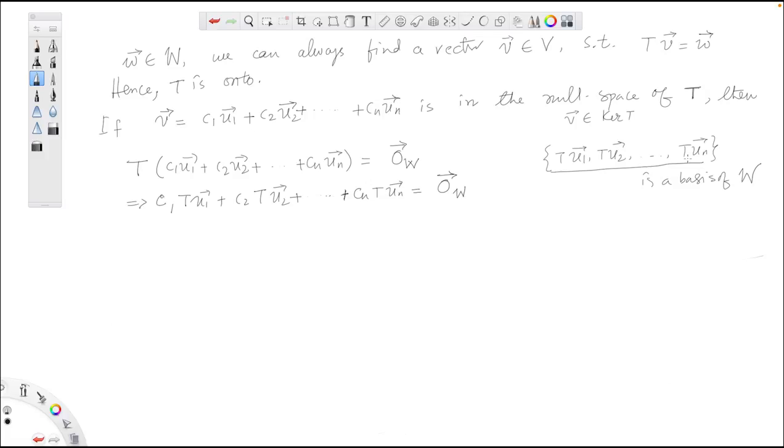We are setting a linear combination of these n vectors, with coefficients C1, C2 all the way up to Cn, to be the zero vector of the vector space W. Since this is a linearly independent set, we must have all these coefficients of the linear combination identically zero.